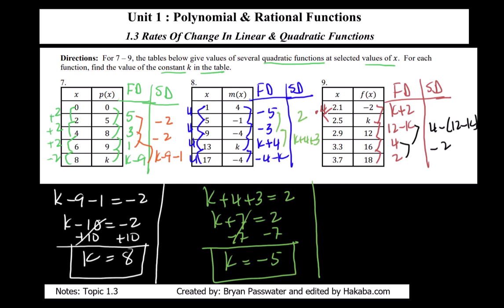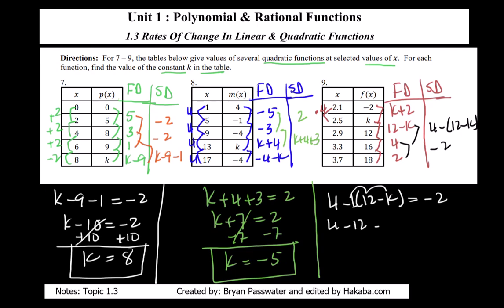So now we have 4 minus 12 minus k will be equal to negative 2. So we have a negative 1 in front of the parentheses. So negative 1 times 12 is a negative 12.